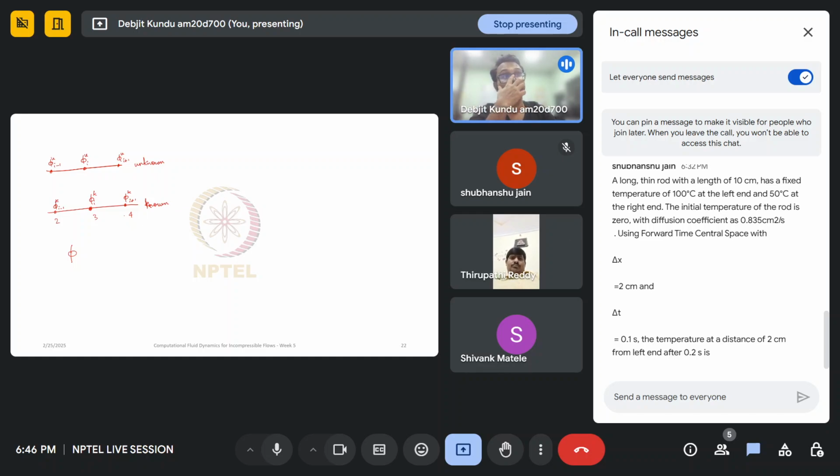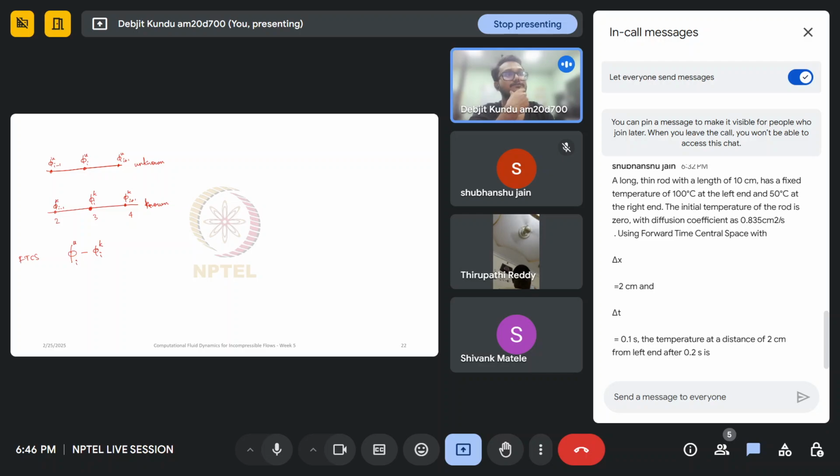So what we do in forward time central space is that we just calculate one unknown at a time. So we calculate only one unknown.